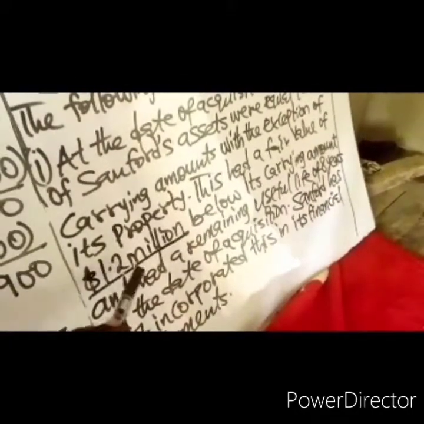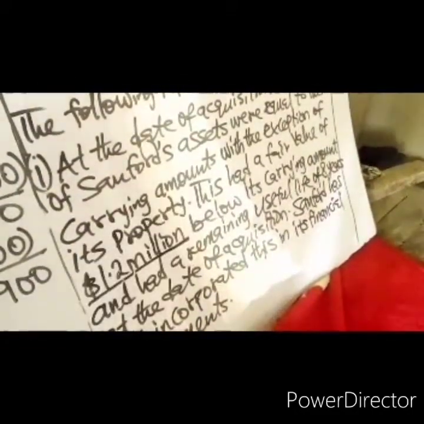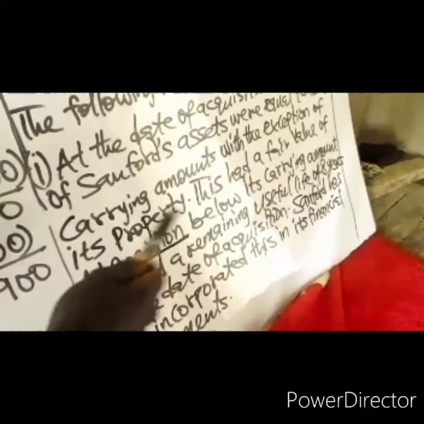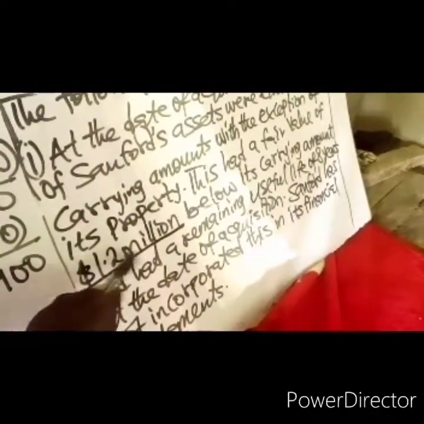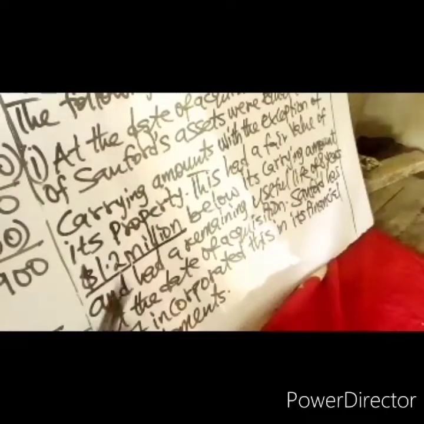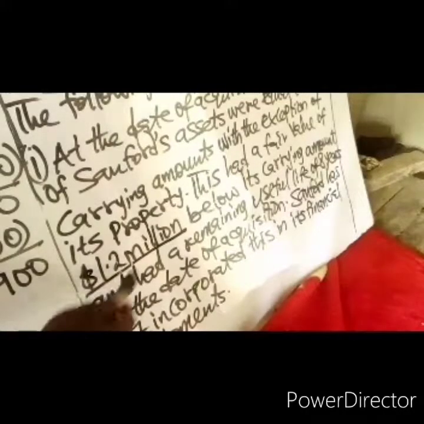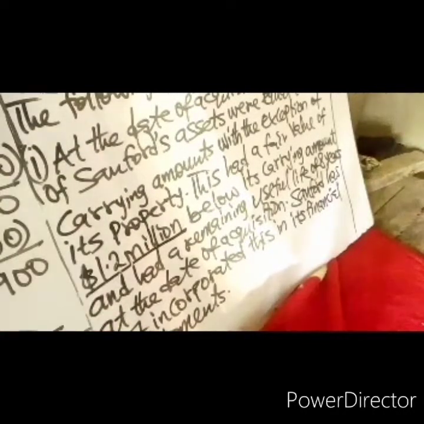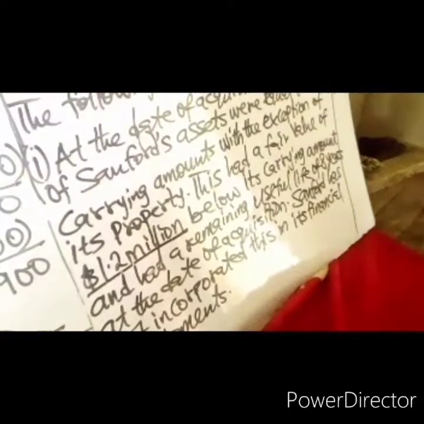The value of the PPE, or the property, has fallen. Since the property value has reduced, that means the depreciation calculated on the previous carrying amount was overstated. The depreciation was in excess. Since the depreciation was overstated as a result of the reduction in the value of the properties, we are going to deduct the amount of excess depreciation.